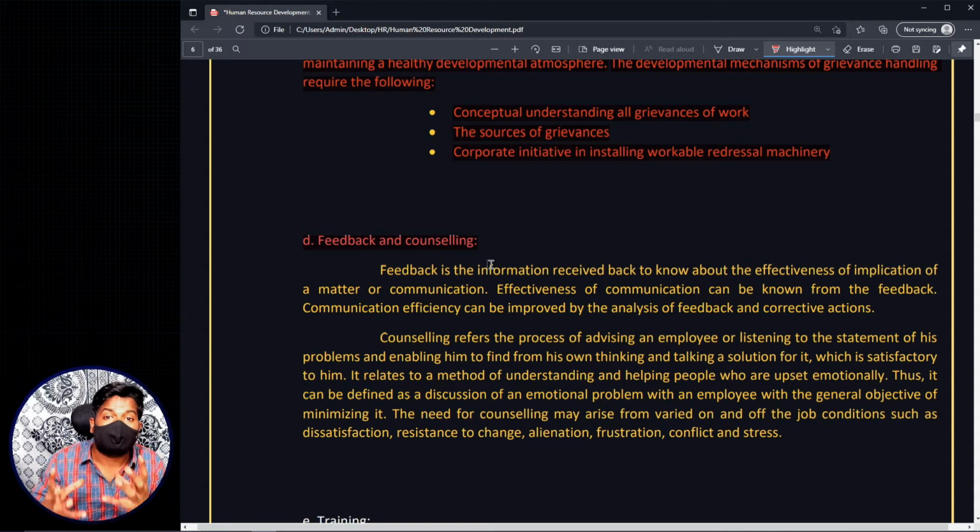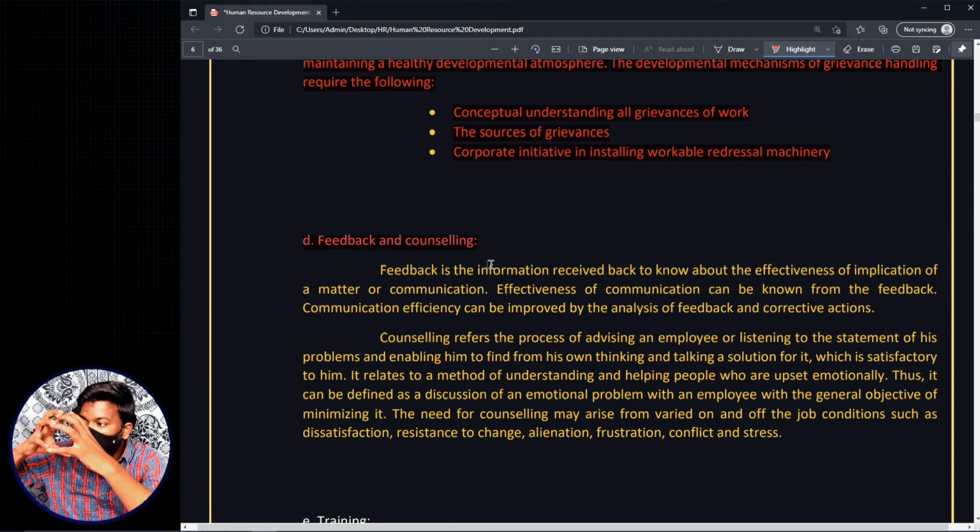Now what generally happens in counseling? You will have a counselor, and you will have a counselee, a troubled employee. This counselor and this counselee will have an interaction, a communication in a session, where the counselor will talk out many different things, trying to make the employee capable of bringing out his own different solutions.